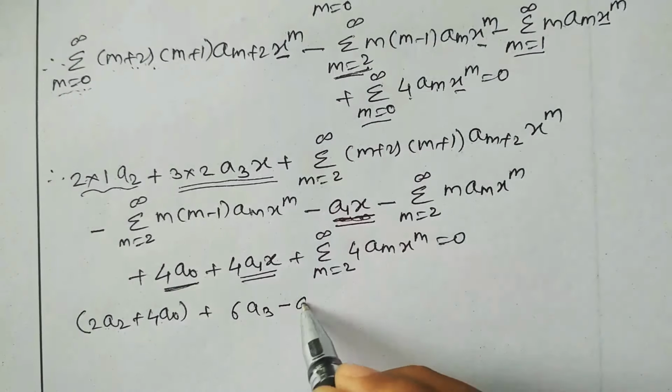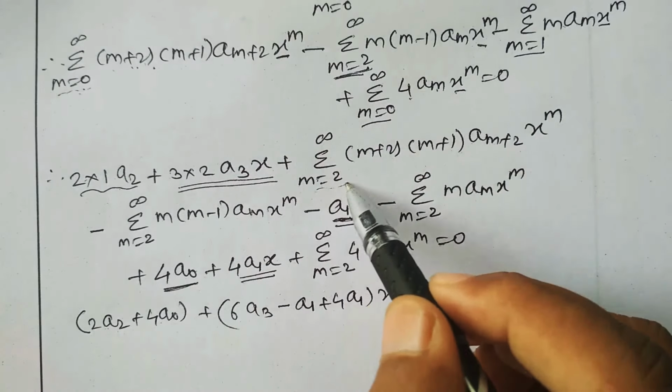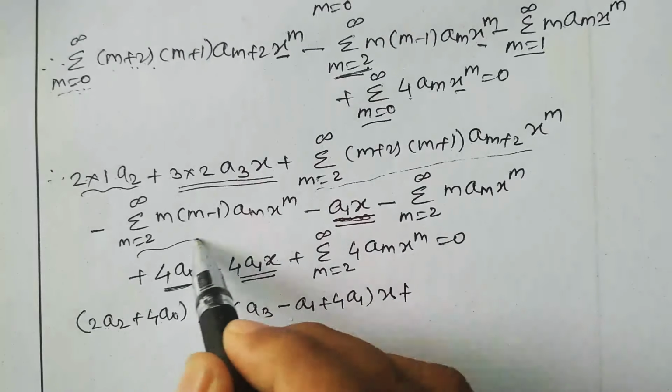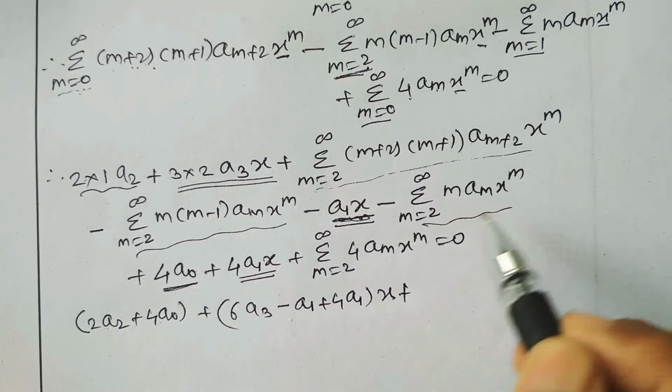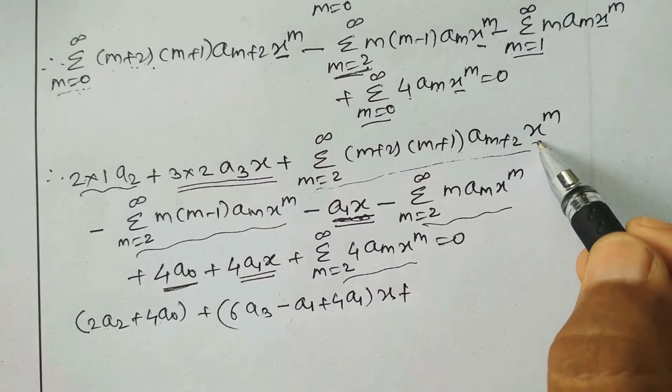Plus, now after collecting the coefficients of x, see the remaining terms. You will get the series, and all series start from 2, and also the power of x is m.